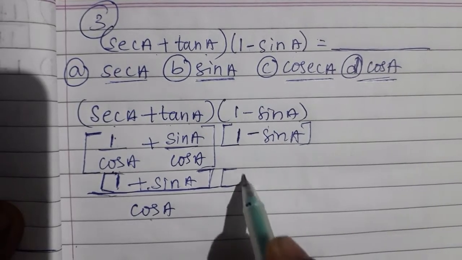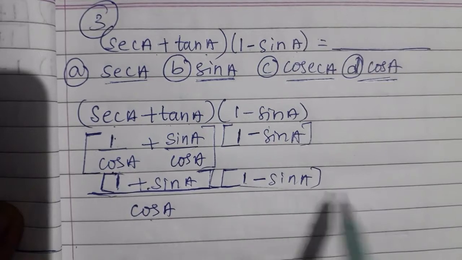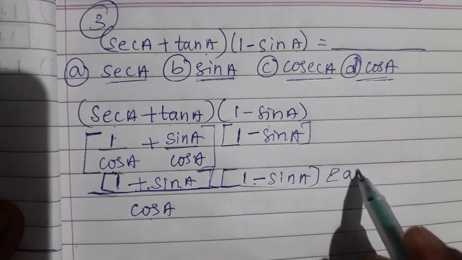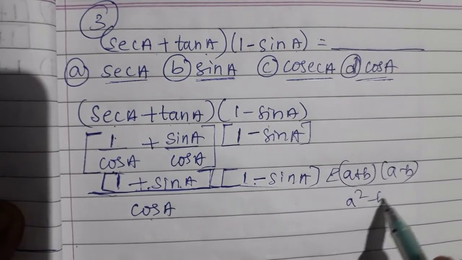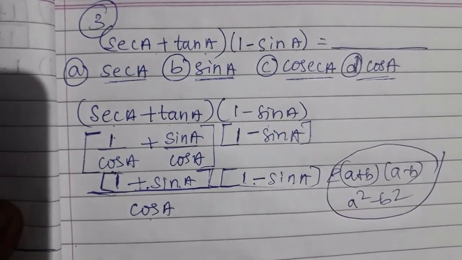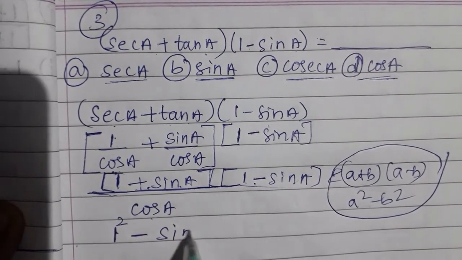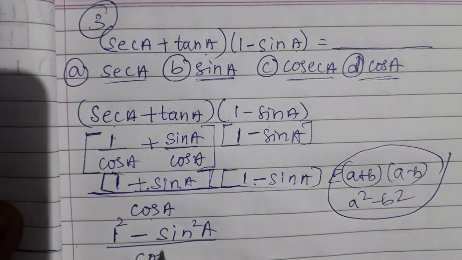Now what do you have here? 1 minus sin A. If you notice, in the numerator, 1 plus sin A, 1 minus sin A is in the form of (A plus B) into (A minus B). Definitely I can write it as A square minus B square. So what can I write? 1 square minus sin square A by cos A in the denominator.